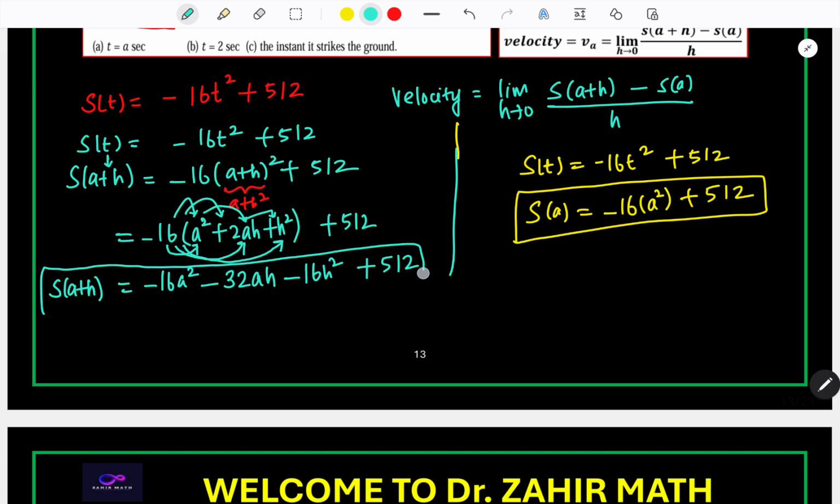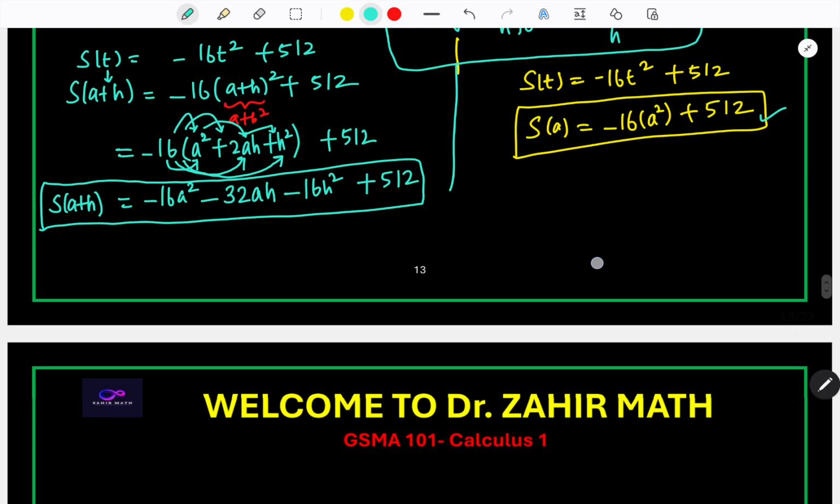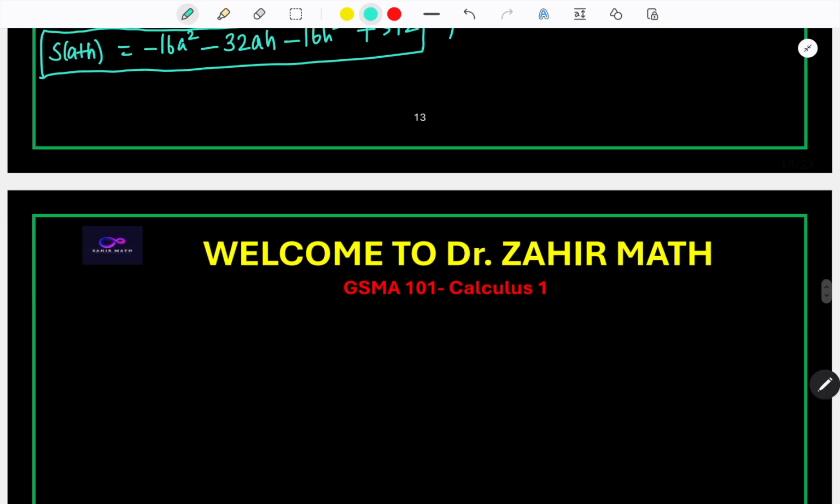So we got s of a plus h and we got s of a. Let me go back to this formula. This is the formula for velocity. So I'll write here.